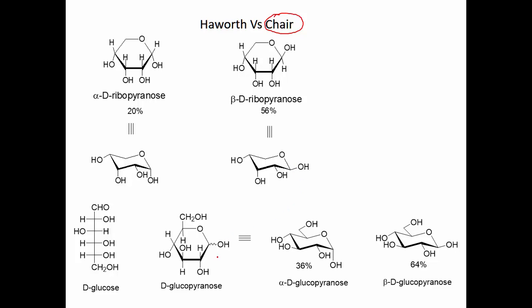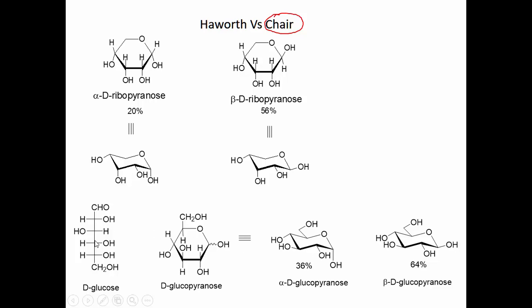And here is glucopyranose as a Haworth projection right here. Now let's put the Haworth into the chair form. And what you'll notice here is that glucose is a very special molecule.